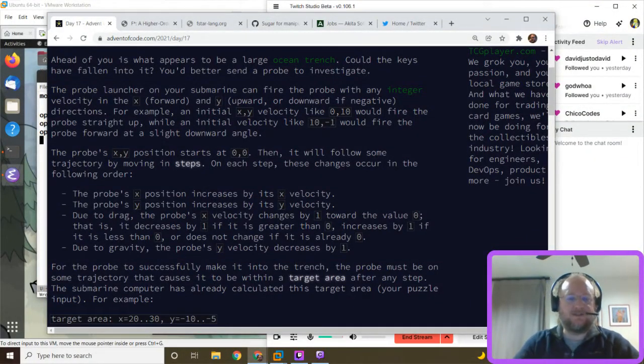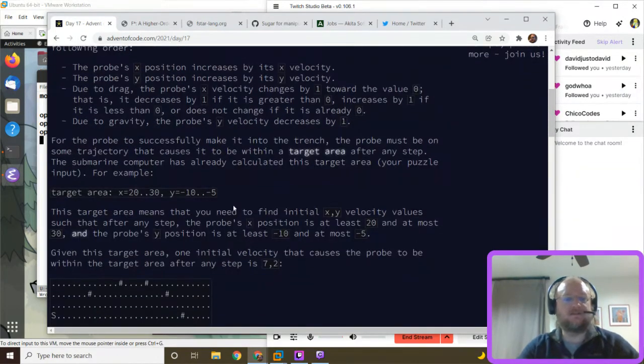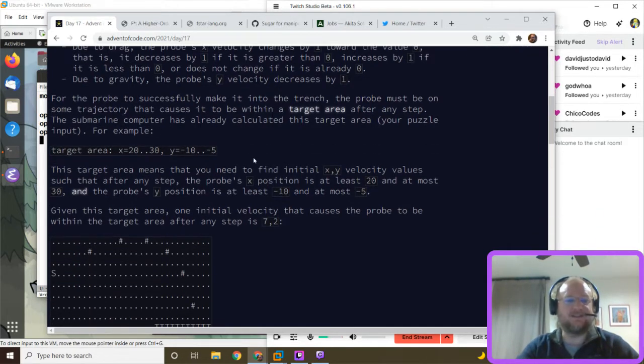The probe's x position increases by its x velocity, y position increases by its y velocity, the x velocity changes by 1 towards 0, and the probe's y velocity decreases by 1. Okay. For the probe to successfully make it into the trench, the probe must be on some trajectory that causes it to be within the target area after any step.